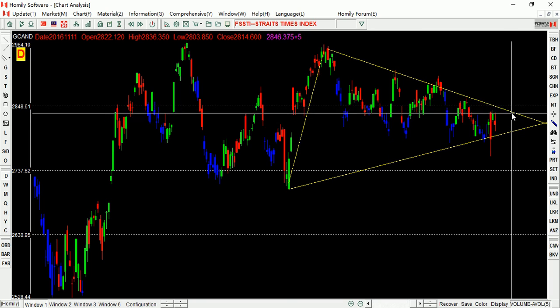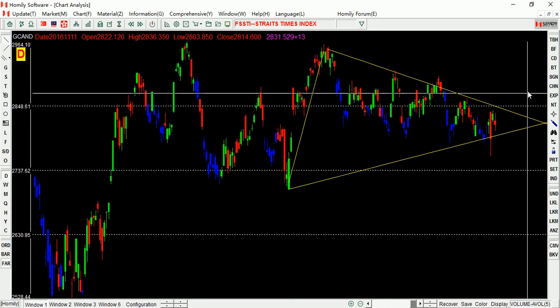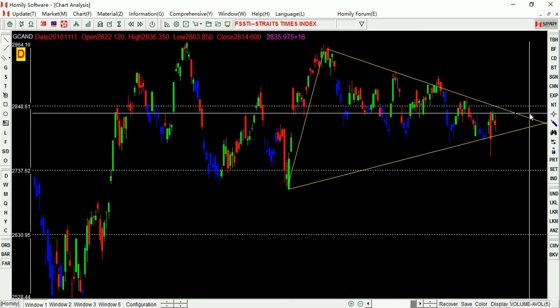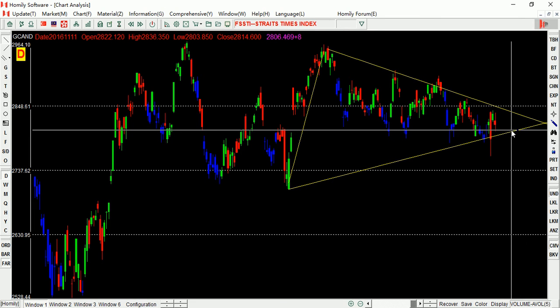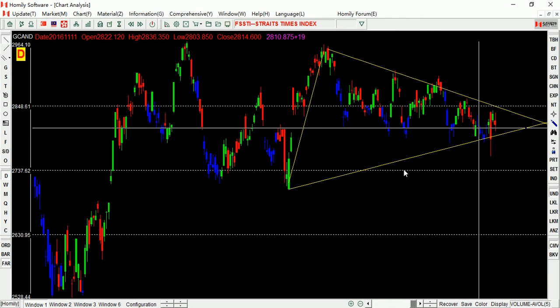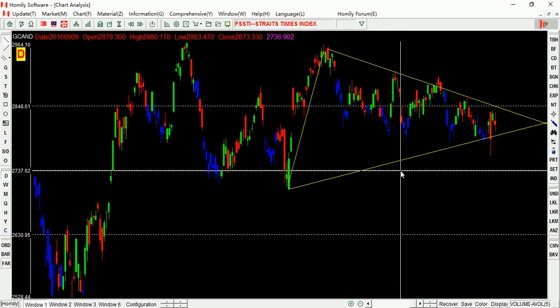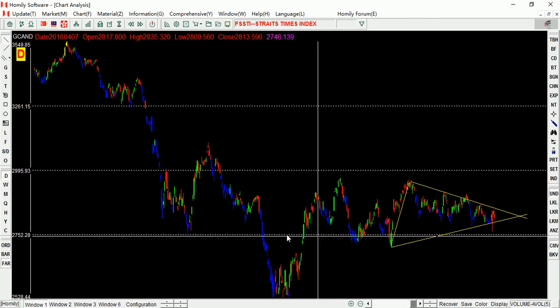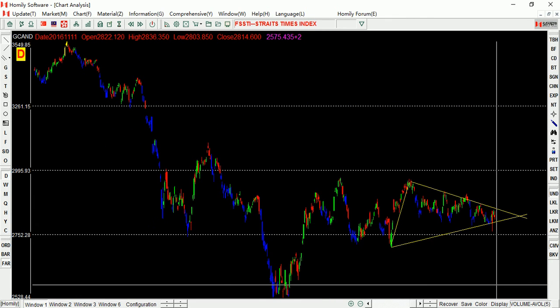If the price goes upward and breaks through the triangle pattern, maybe it's better. But you cannot buy yet; you should prepare for buying or selling. We don't know yet whether the price will break upward or fall down, so we should watch the market. Still sideways.